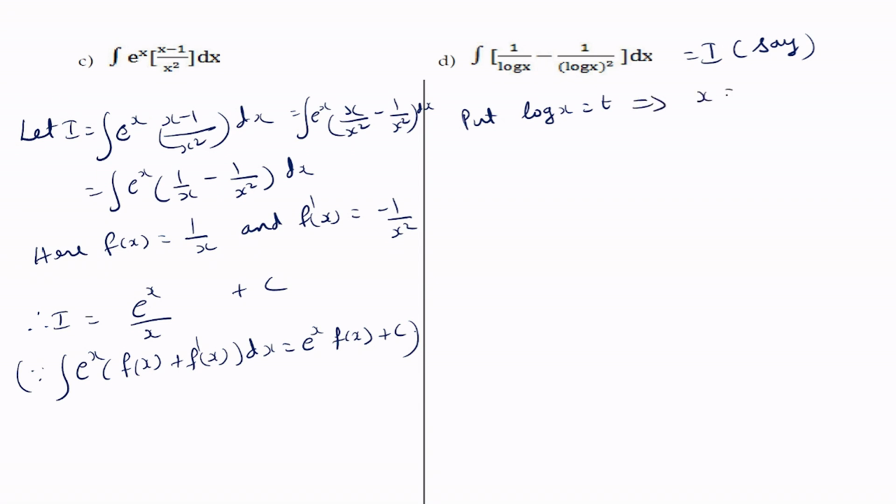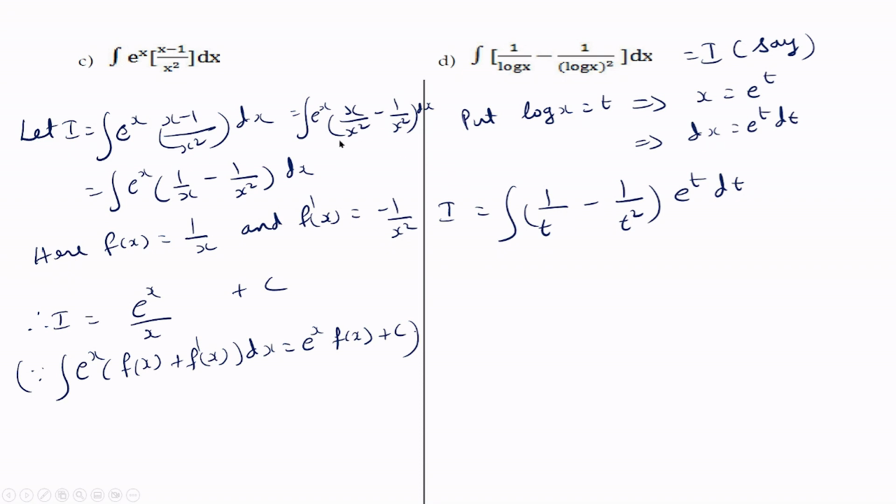So from this we get x as e raised to t and dx will be e raised to t dt. So we can put log x as t here and dx as e raised to t dt. So I becomes integral of (1 by t minus 1 by t square) into e raised to t dt.